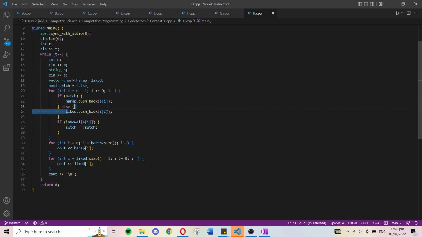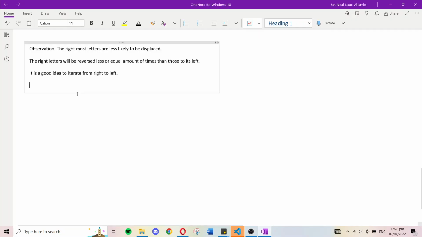And since this is a vector and we're just pushing it back, make sure to reverse likod, or back, as well. You want to reverse it. Because basically harap goes like this, so we don't care about it. It's already good. But likod, whenever we append it, we're doing it like this. We want this. That's why we want to reverse it, right?